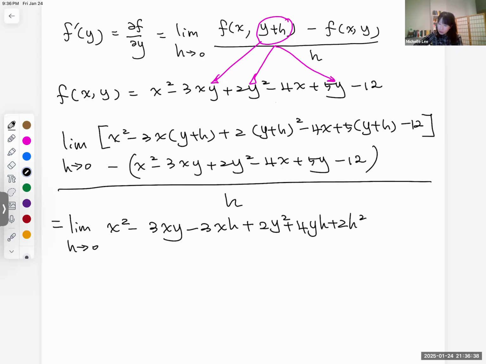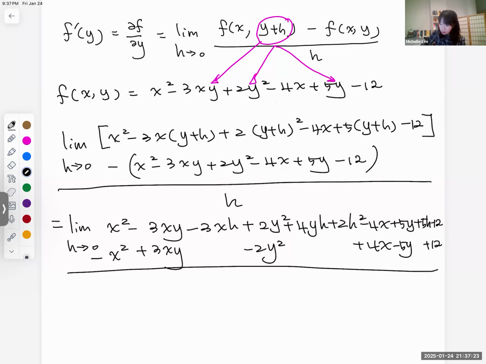Now negative 4x plus 5y plus 5h minus 12. Minus, distribute. Let me write down the same vertical line: negative x squared plus 3xy minus 2y squared, positive 4x, negative 5y plus 12.